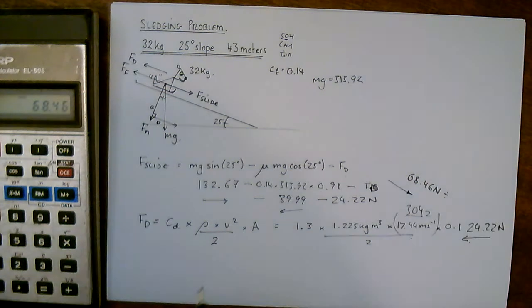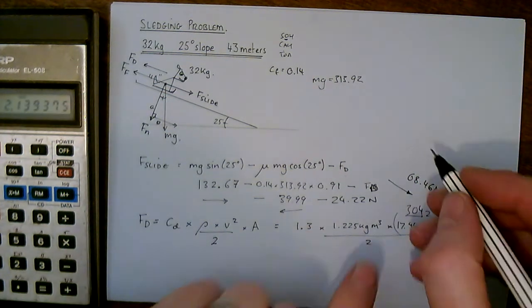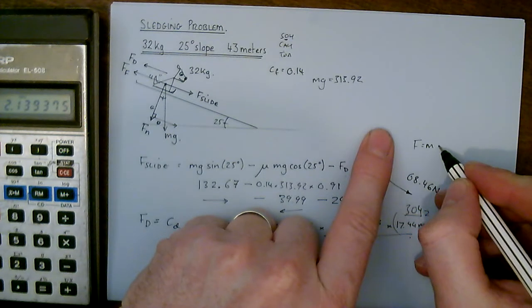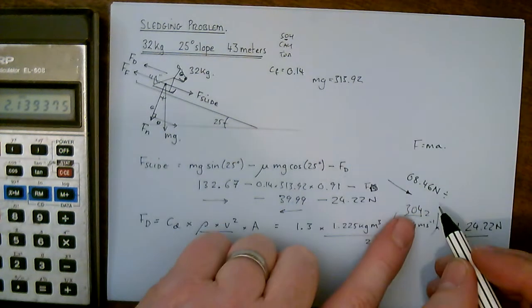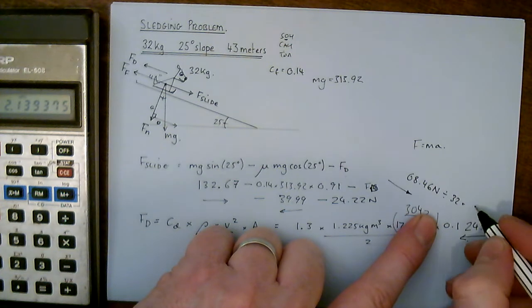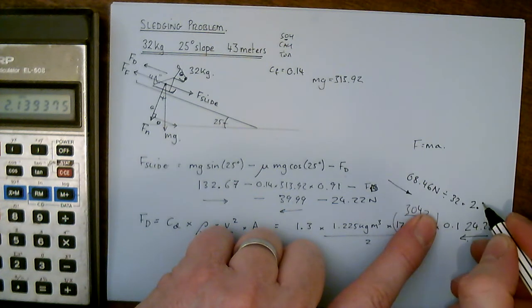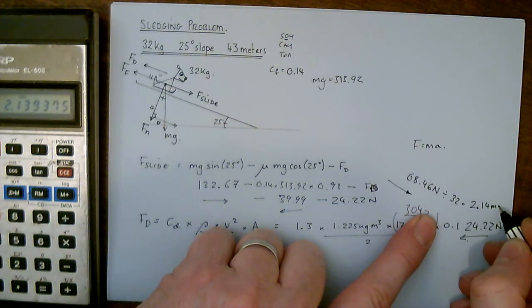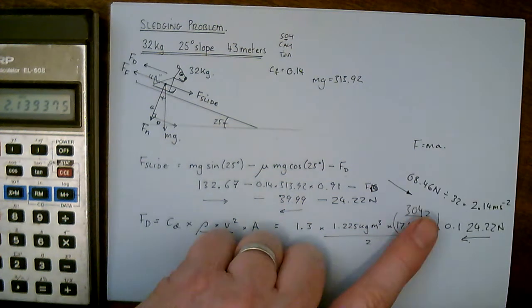If we divide that by the 32 kilograms, that should give us, force is equal to mass times acceleration, divided by 32 for an acceleration of about 2.14 meters per second per second.